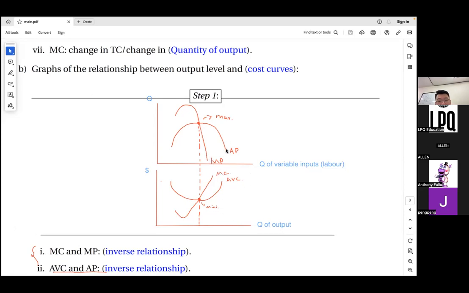Why is AVC a mirror image of AP? Any reason for these two inverse relationships?